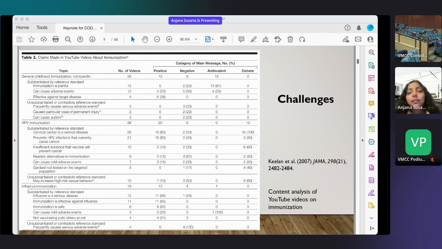This slide shows an example from a study that was published in the Journal of the American Medical Association, where doctors actually watched videos and did a content analysis of YouTube videos that evaluate immunization. So there is a lot of false information about vaccination, which is one of the big public health debates in the United States.